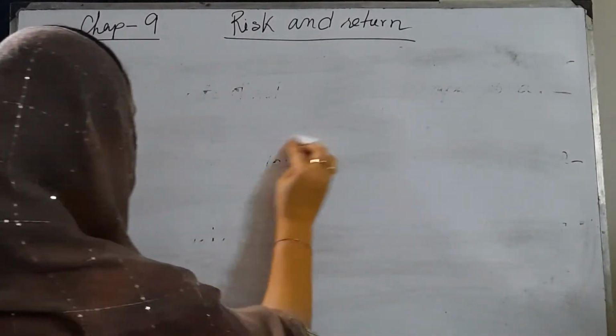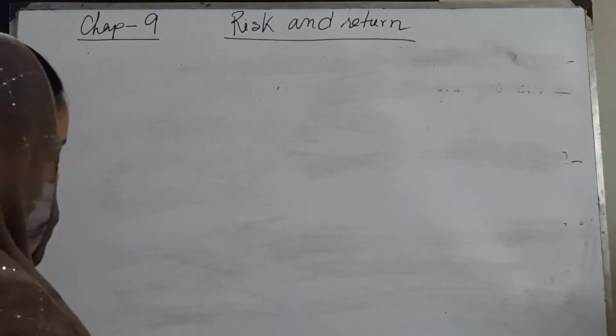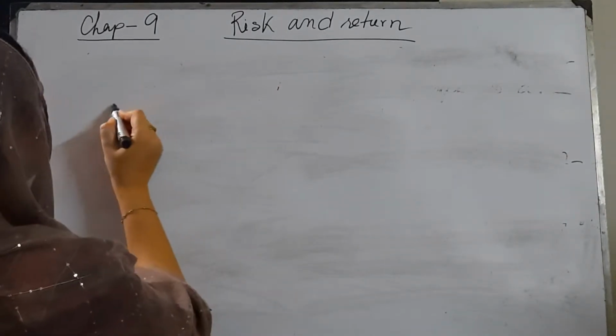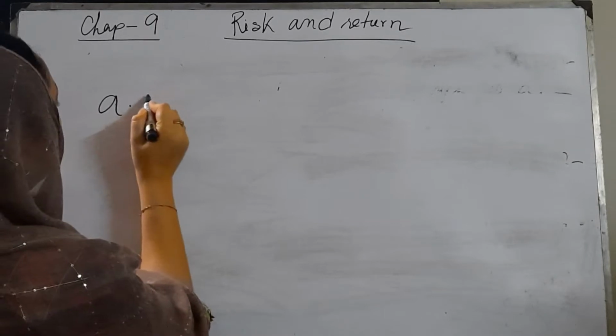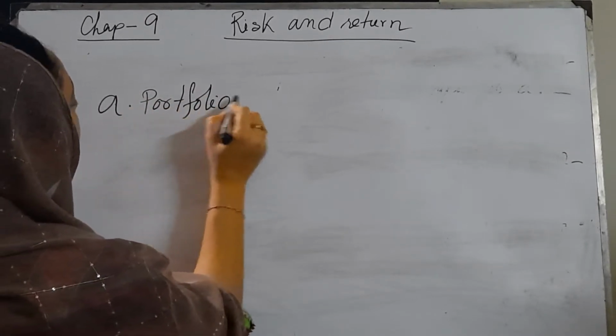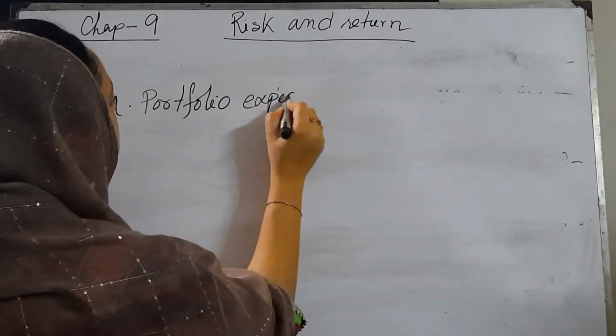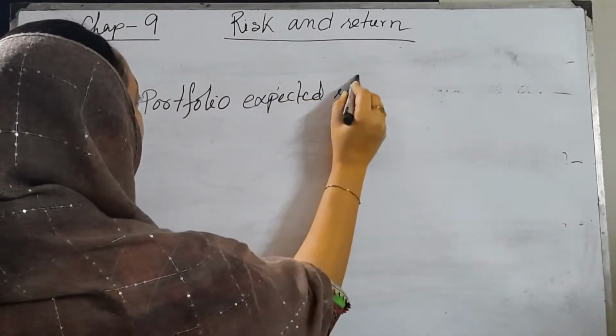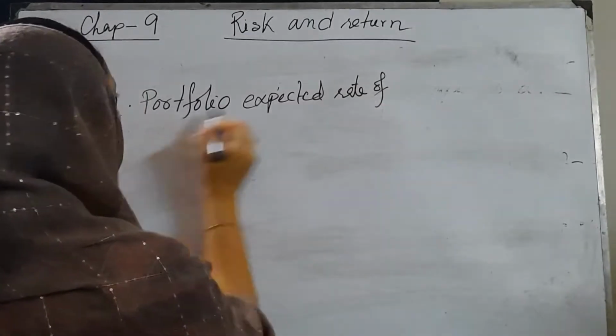The first one is number A, the portfolio expected rate of return.